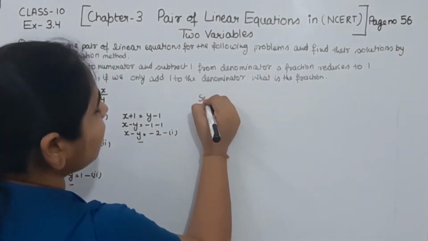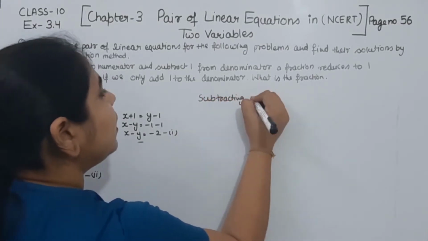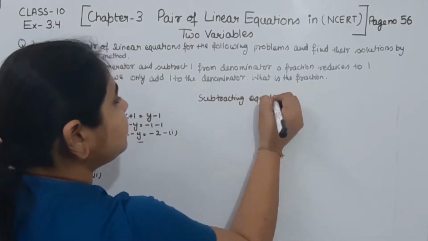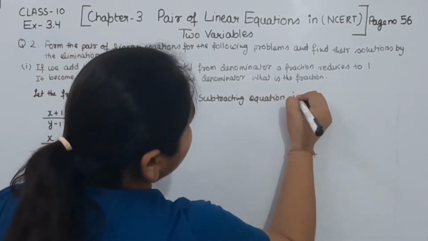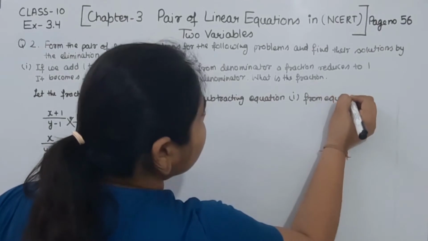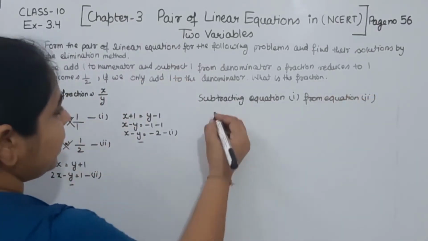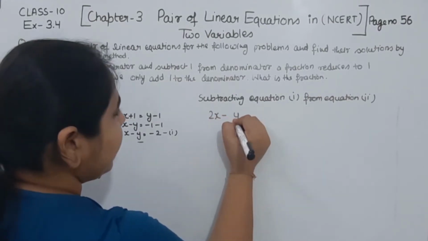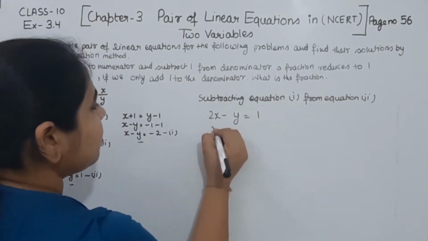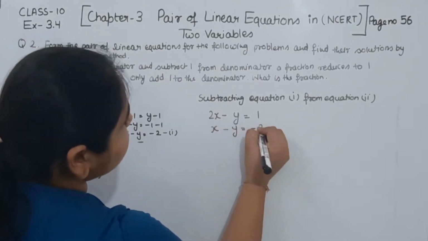I'm going to directly subtract, subtracting equation 1 from equation 2. Equation number 2 is 2x minus y equal to 1, and equation number 1 has x minus y equal to minus 2.